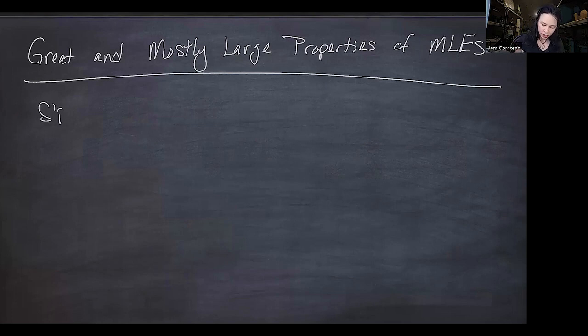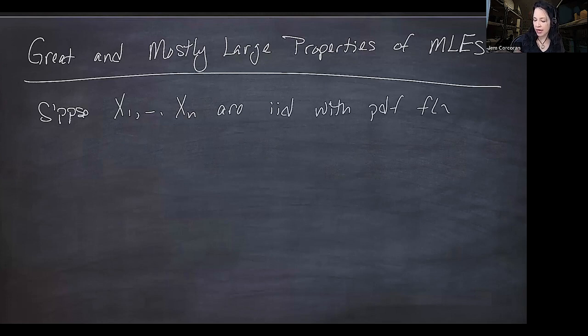So suppose that X1 through Xn are IID with the common PDF f of x and theta, and let theta hat be our MLE. But because I want to let n run around here, like take some limits, I am going to put a sub n.